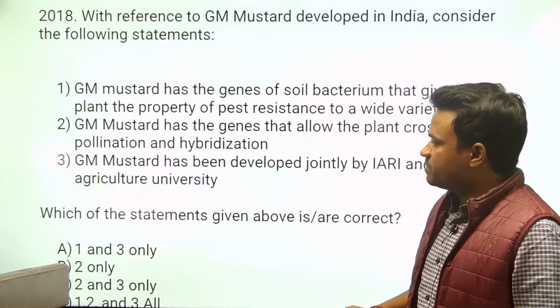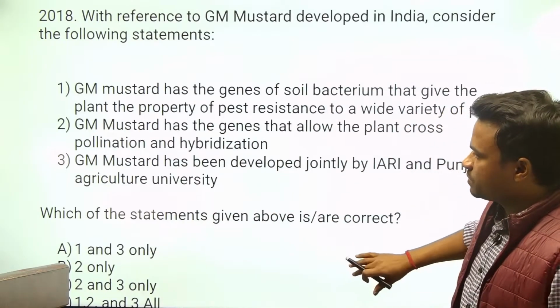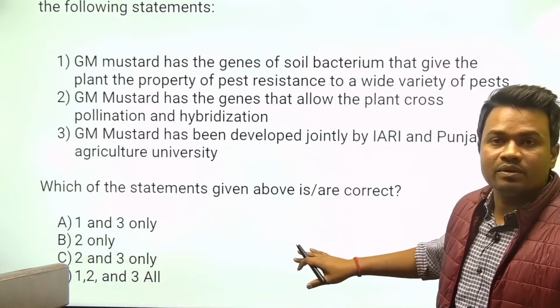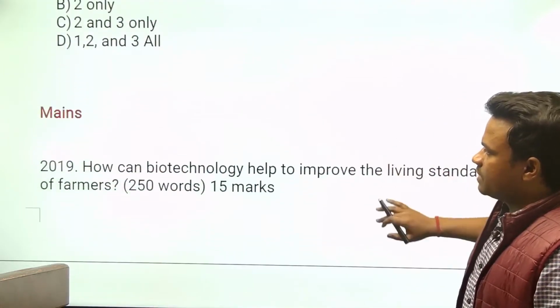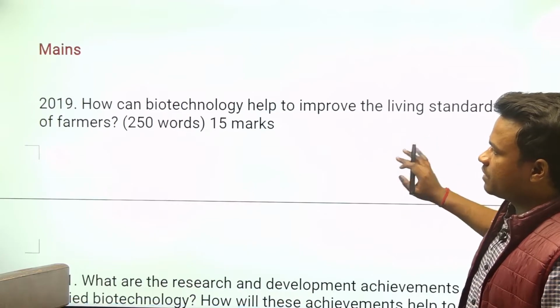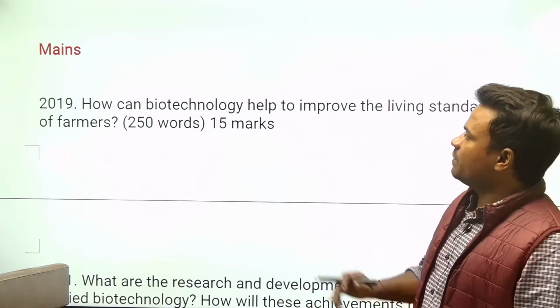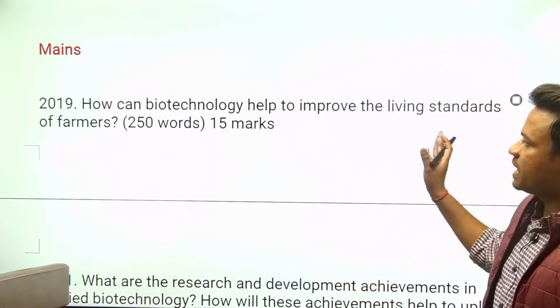So we must be very careful while making notes or preparing current affairs for the civil services purpose. There are some other questions, like the mains question in the year 2019: How can biotechnology help to improve the living standards of farmers?